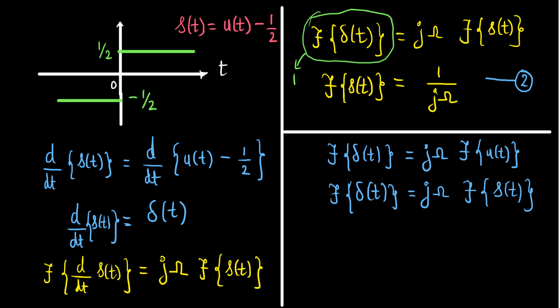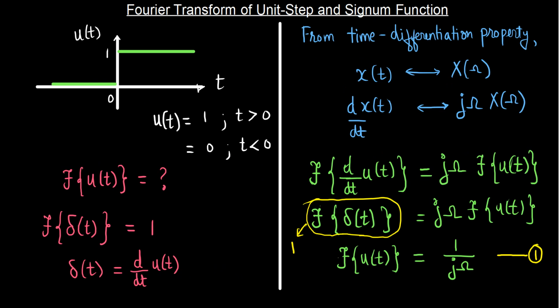If we observe the unit step signal, that is u of t, you can see that omega equals 0 indicates the DC content of this signal, the shift of this signal. There is some finite amount of DC or shift present in this signal. The average value of this signal is non-zero.